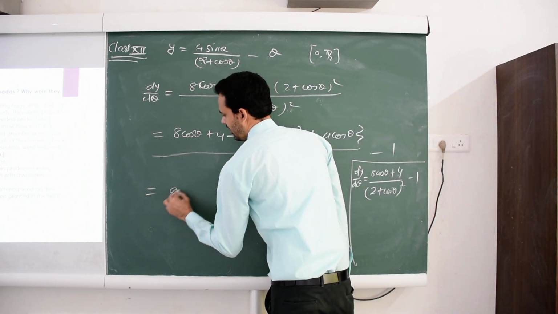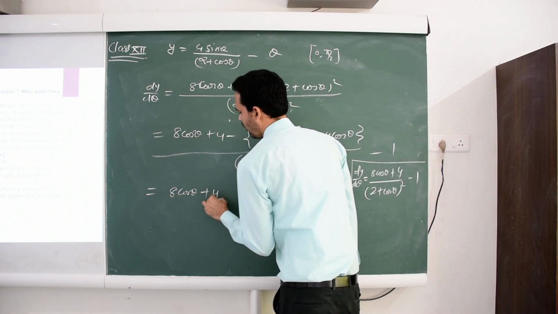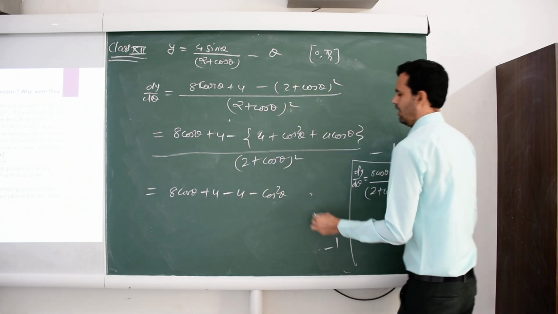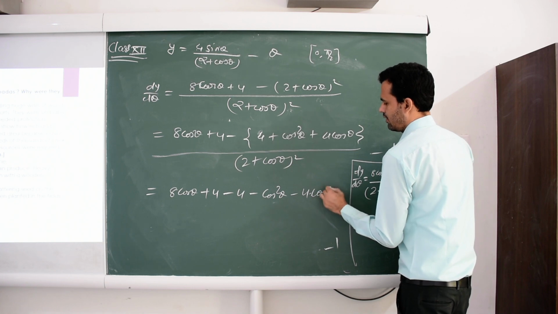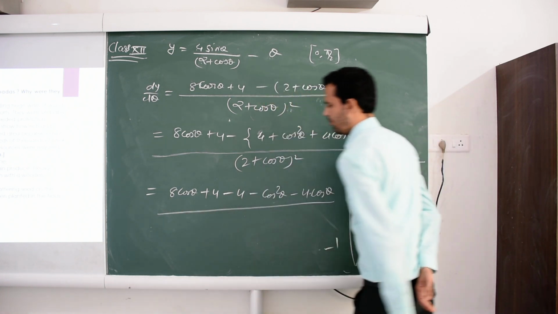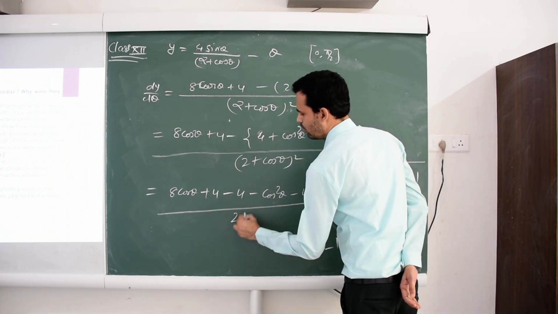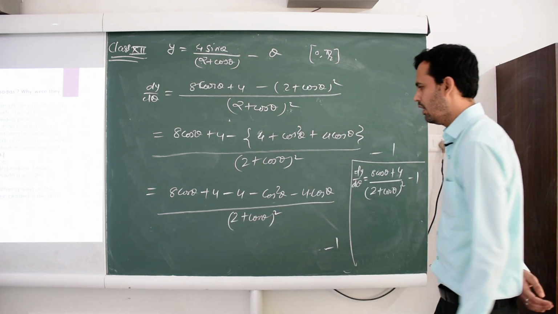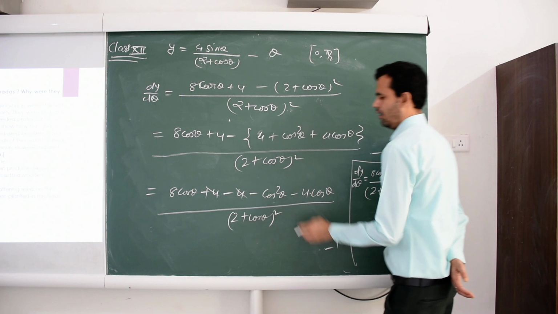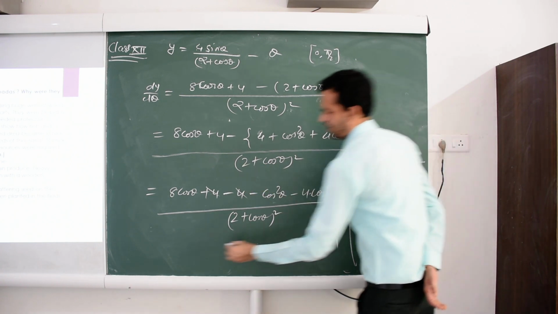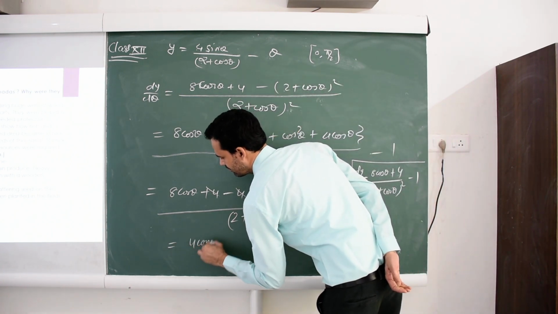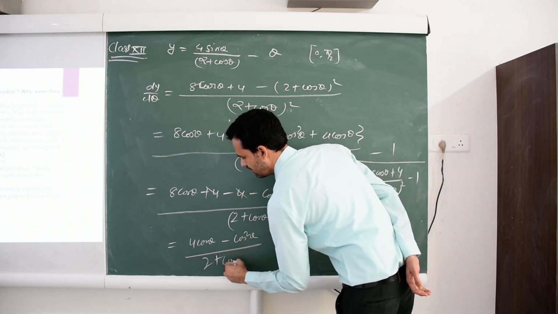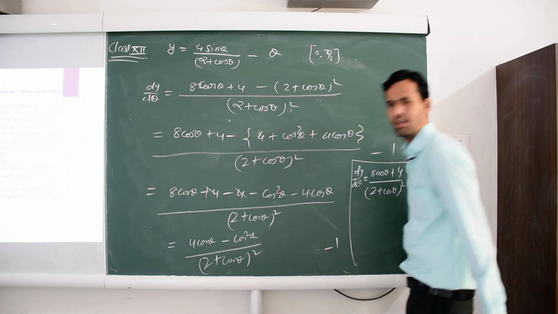So it is 8 cos theta plus 4 minus cos square theta minus 4 cos theta upon 2 plus cos theta whole square. The 4 cancels by 4, so this is 4 cos theta minus cos square theta upon 2 plus cos theta whole square.